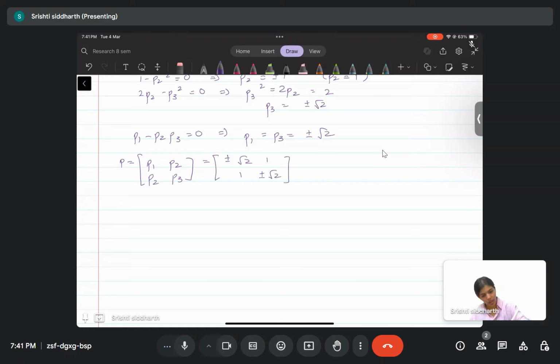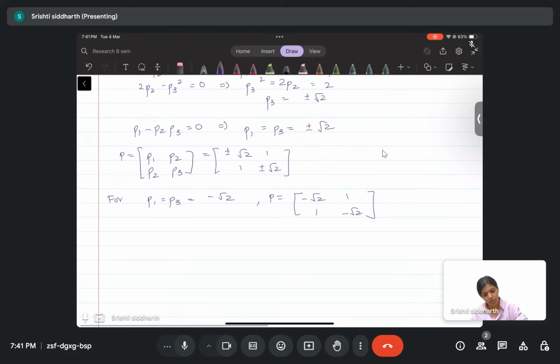Let's say that for P1, P3 minus root 2, P becomes minus root 2, 1, 1. And we can either check the eigenvalues of P or find out whether P is positive definite or not using this kind of form.